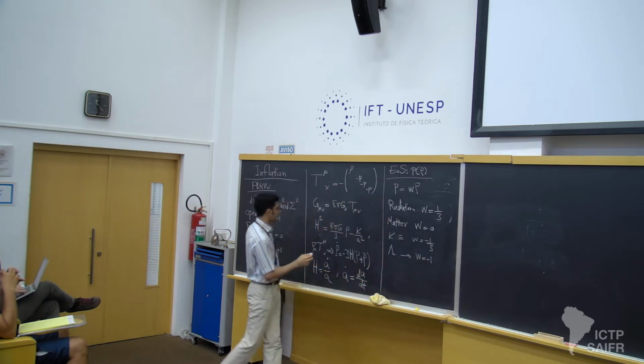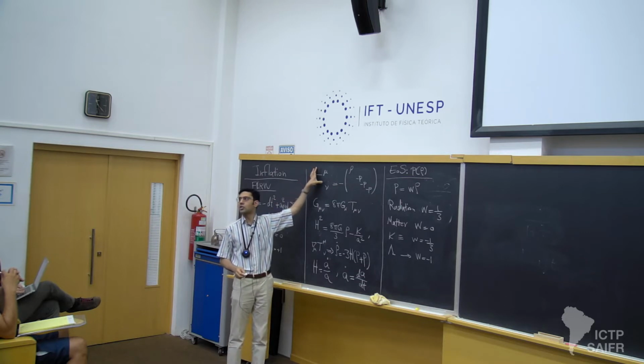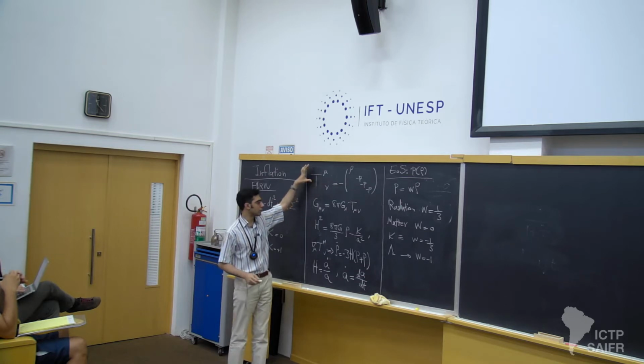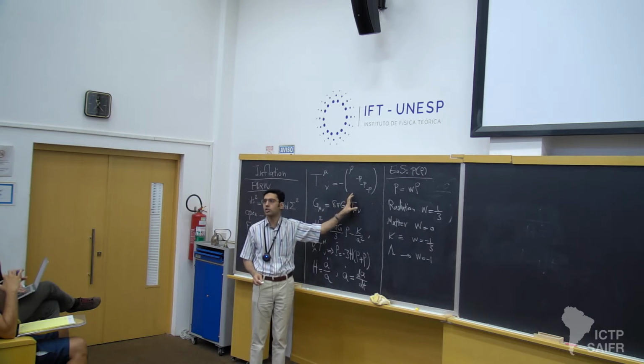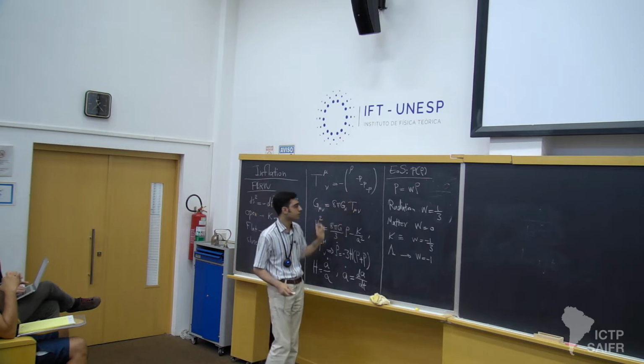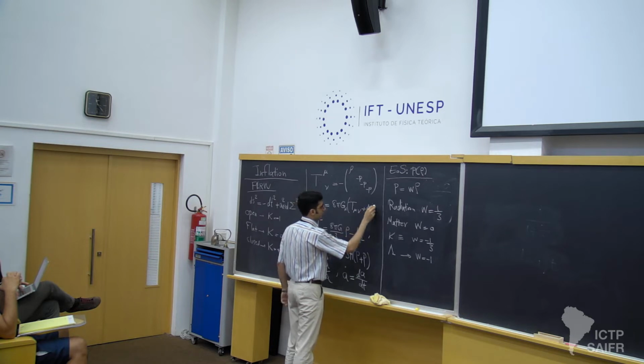So what does it correspond to in terms of T mu nu? If you add a cosmological constant, it will add a term on the right-hand side of the Einstein equation, which is proportional to g mu nu. So if I have lambda, there will be a contribution like lambda times g mu nu.